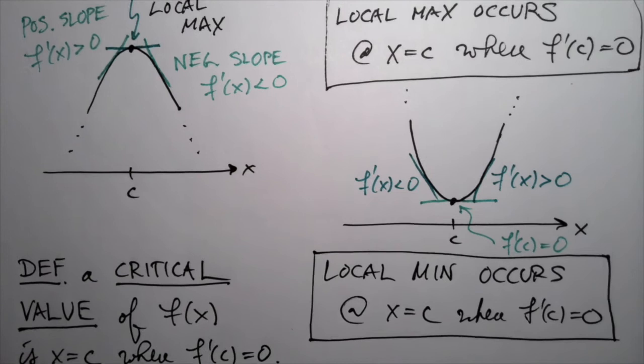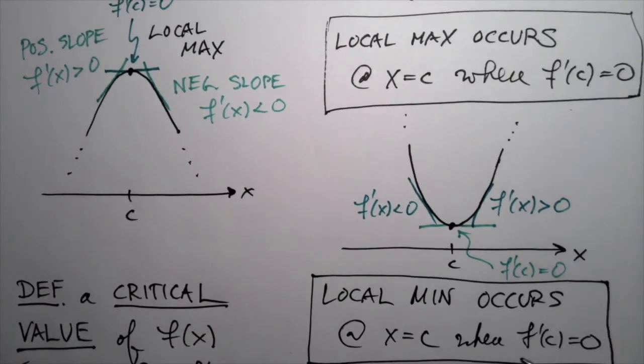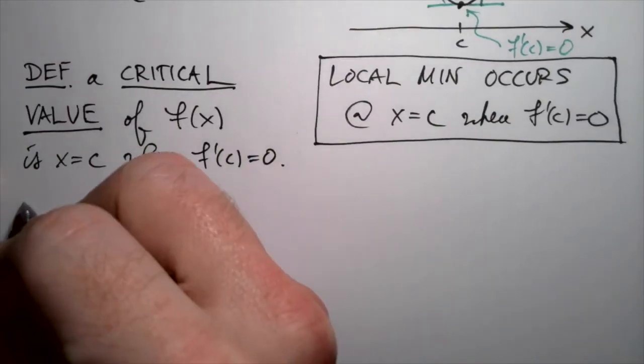As we've seen from these pictures, local maxima and local minima occur at critical values. They occur where the derivative is 0. What's the upshot?